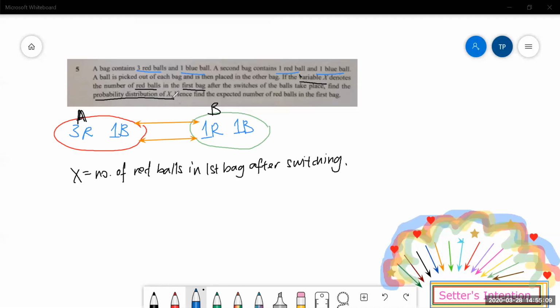Right now, B is not our concern because our spotlight is on A. Agree?